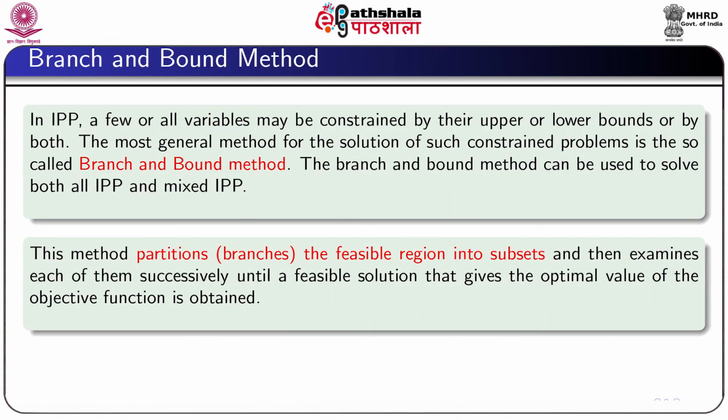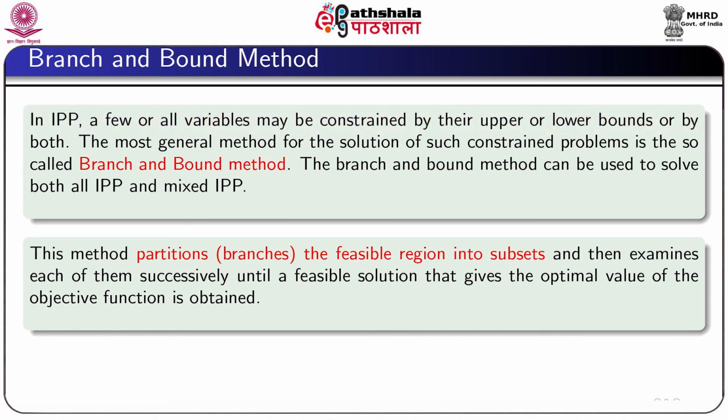Now, we proceed to discuss another important method, which is called branch and bound method. Branch and bound method is the most general method for solving integer programming problem, because this method can be applied to all integer programming problem as well as mixed integer programming problem.